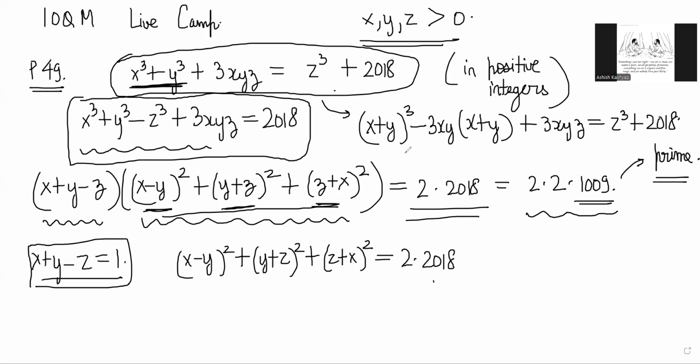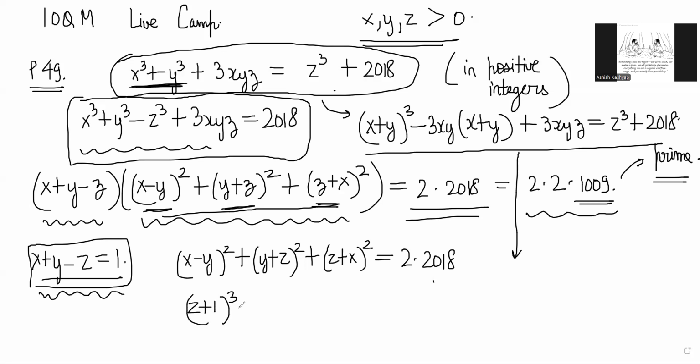Correct? Do you understand what I am saying right now? Yes, sir. I am just rewriting the original condition here. And now I will use this fact, x plus y is equal to z plus 1. So I can rewrite this as (z plus 1) whole cube minus 3xy times (z plus 1) plus 3xyz is equal to z cube plus 2018, right?